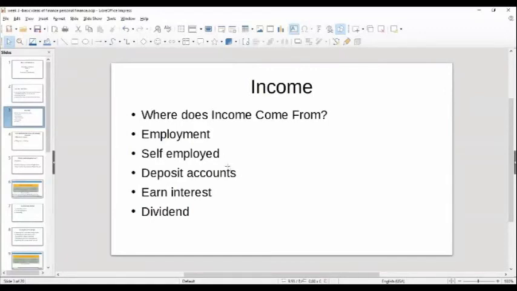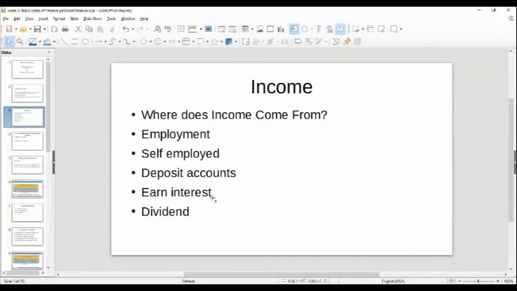That means you have your own business. And also, if you have big amounts of money in the bank and this earns interest, then the interest income is considered as your income or the sources of your income.